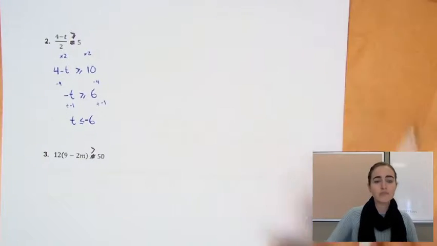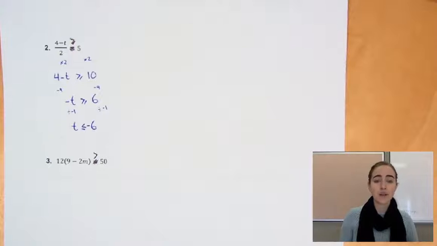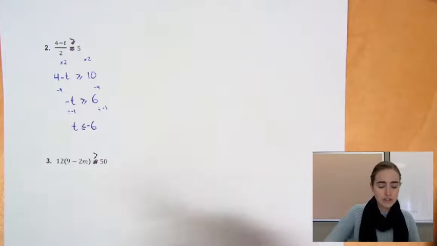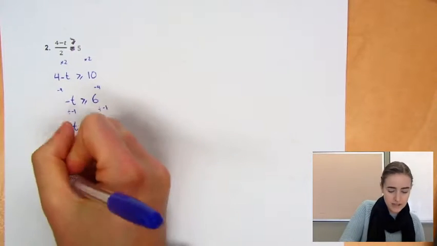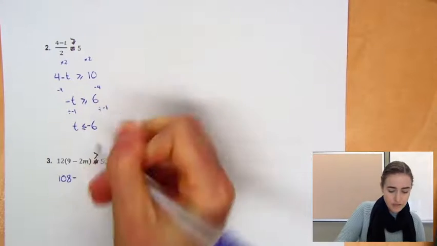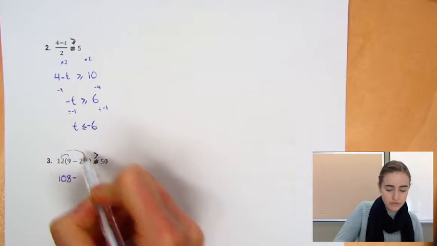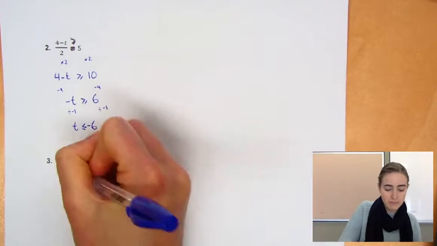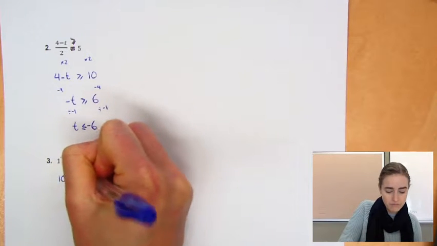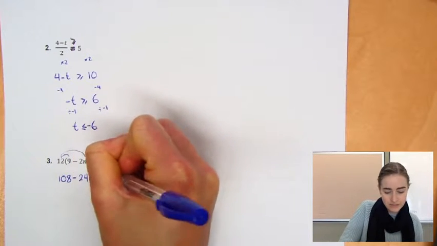All right, one last example. We've got 12 outside of 9 minus 2m is greater than 50. It's up to you which way you do it, if you divide through by that 12 first or if you want to expand out. I'm going to expand. So let's go 12 times 9, which is 108, and then 12 times 2m, we'd have minus 24m is greater than 50.